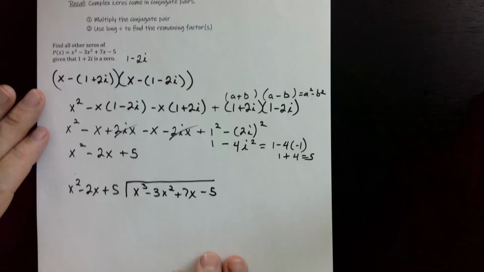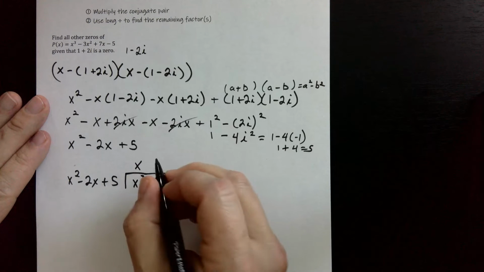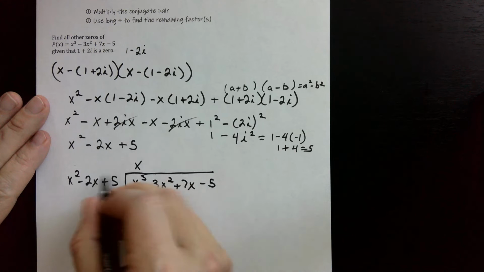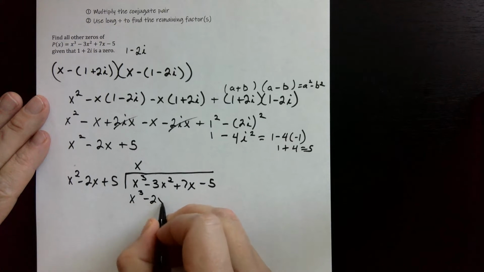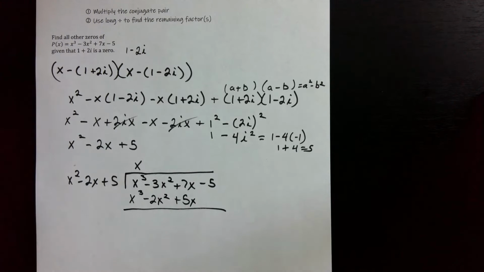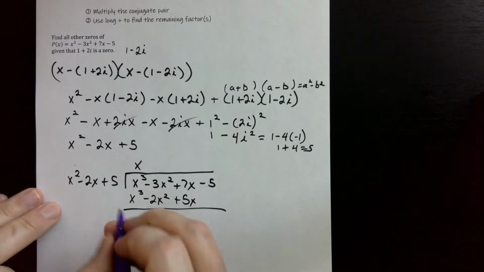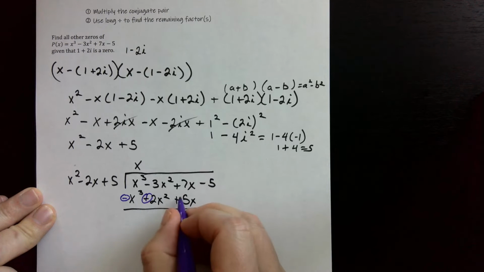Alright, so long division. What do I multiply x squared by to get x cubed? X. And then multiply all three of these terms by x. So x cubed minus 2x squared plus 5x. Okay, remember to change your signs. Okay, so this will become minus, this will become plus, and this will become minus.